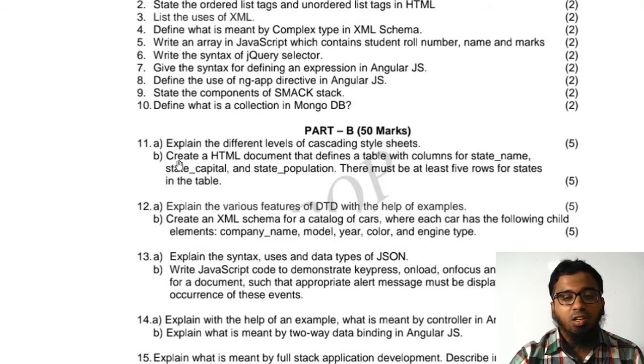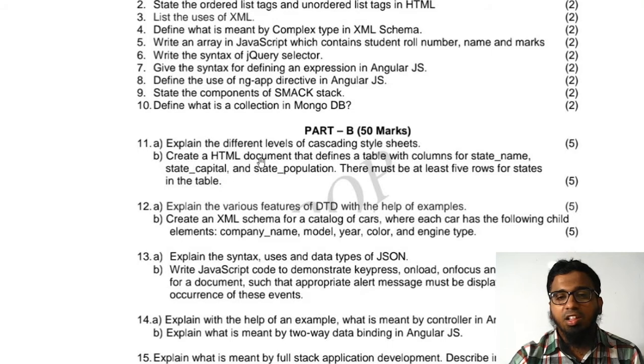Next one is: create an HTML document that defines a table with columns for state name, state capital and state population. There must be at least 5 rows for a state in the table. So in the exam definitely this exact question will not come, but this pattern will come.